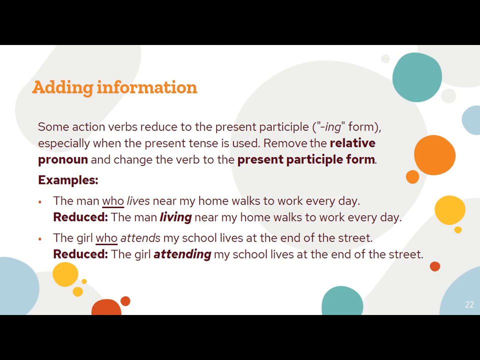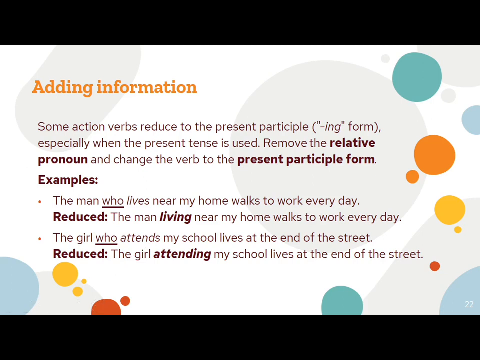What I have to do is to remove who in here, and then this lives is going to be changed into the present participle form, and you will have the answer: the man living near my home walks to work every day. In the case of the last one, the girl who attends my school lives at the end of the street. Who can be erased, and you can say attend in the present participle form, attending. So the girl attending my school lives at the end of the street.